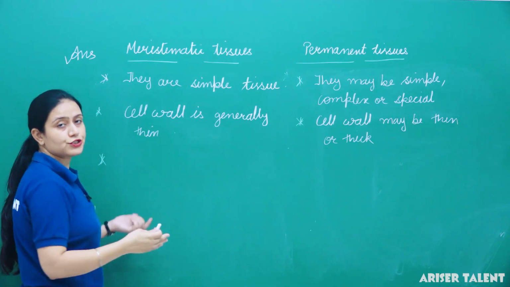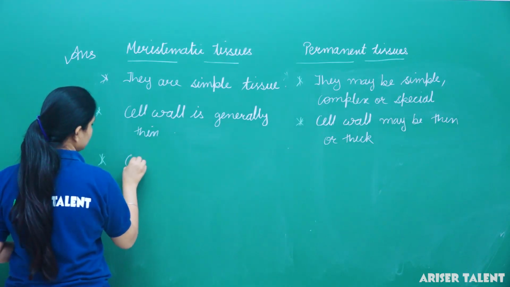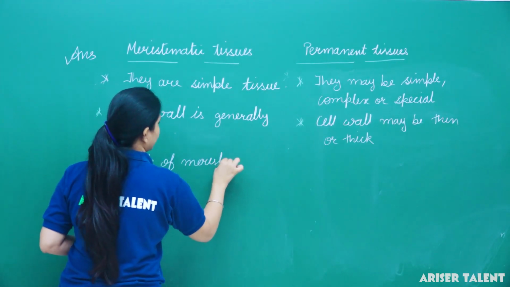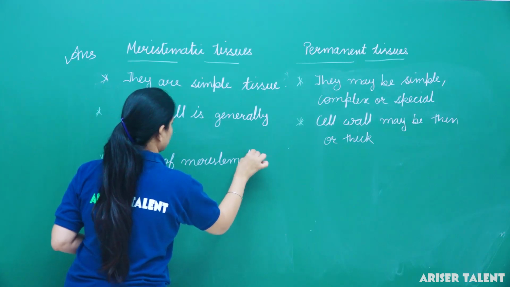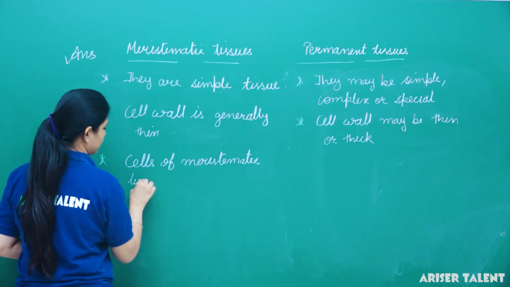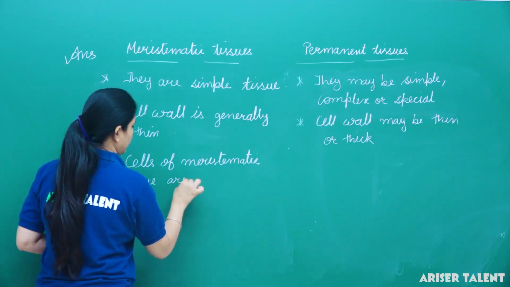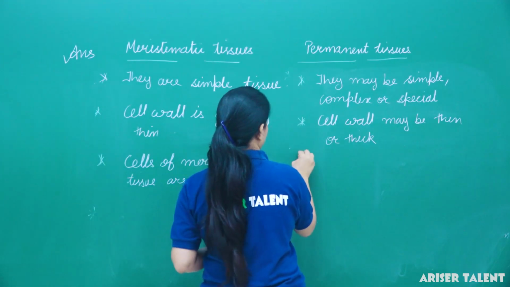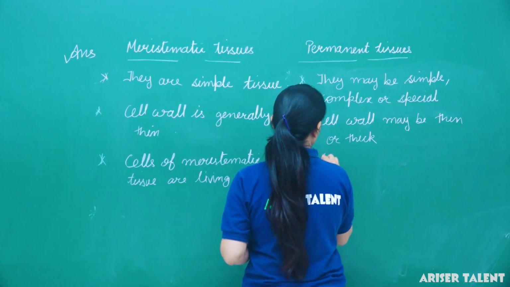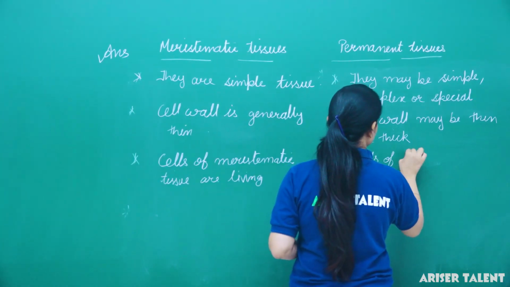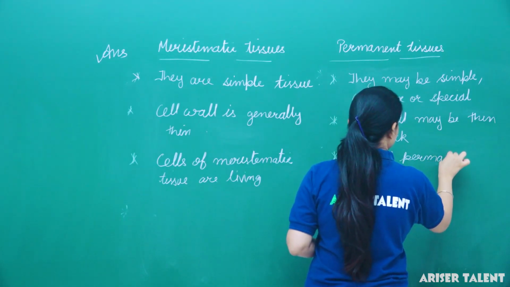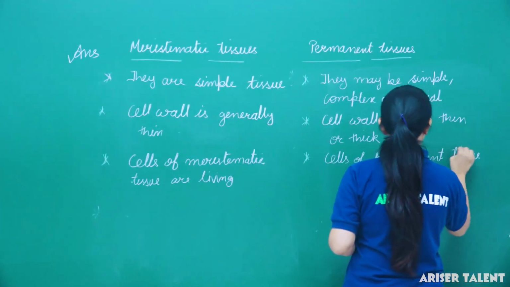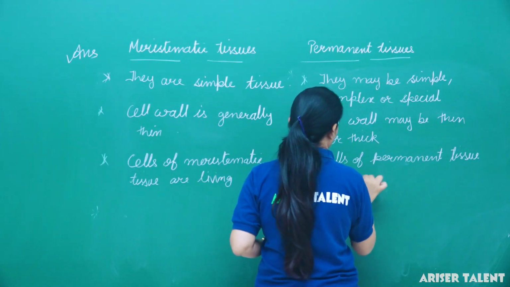Here in the meristematic tissue, cells are living. Here in the permanent tissue, cells may be living or dead.